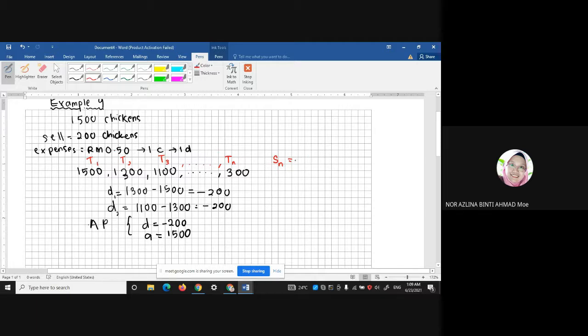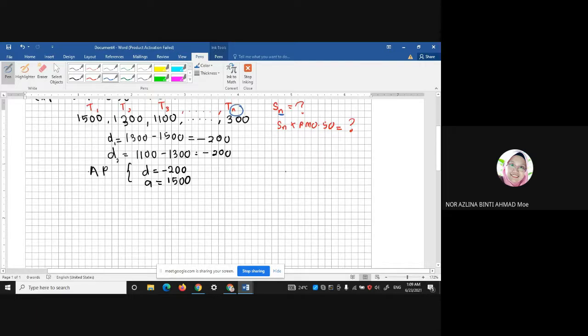Okay, dah tahu jumlah ayam, nanti kita dah tahu Sn ni, barulah kita darab dengan harga perbelanjaan dia untuk seekor. Barulah kita dapat berapa jumlah perbelanjaan dia untuk semuanya selama ni. Okay, jadi kena tahu dulu N. Berapa N ni? Baru kita boleh ganti kat sini nanti.